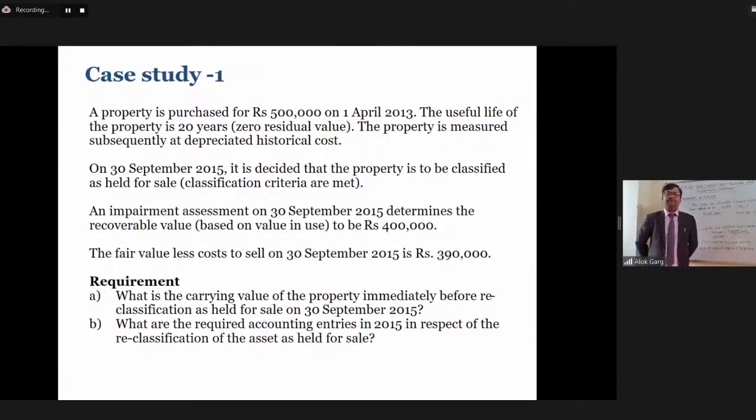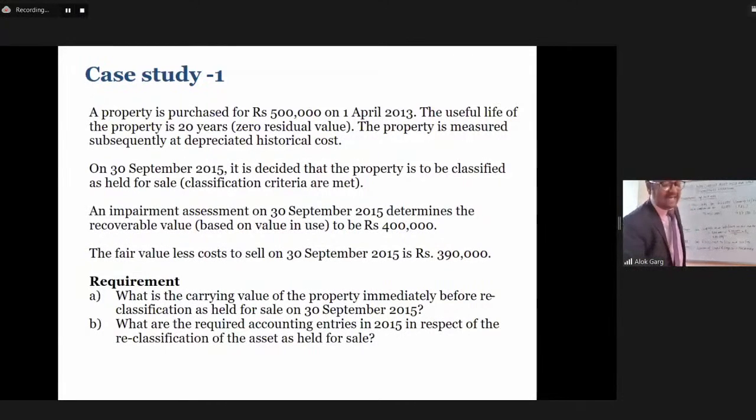You are right. And the property is measured at cost. On 30th September 2015, it means after 2.5 years: 31st March 14, 31st March 15, and 30th September 2015. The property is classified as held for sale because the classification criteria are met. So after 2.5 years, what is the depreciation?